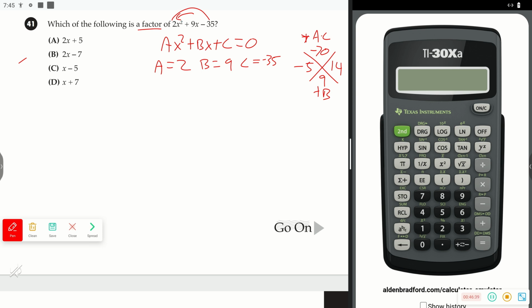So if you guys are wondering how to do that, what you do is you just start listing your factors of negative 70. So for example, you'd have like negative 7 and 10. You could also have 10 and negative 7. It's divisible by 2, so you could do like 2 and 35. But since it's divisible by 10, it's also divisible by 5. So that's where you would do 5 and 14. And then you have to think which one of these should be negative or positive to make it add to 9.